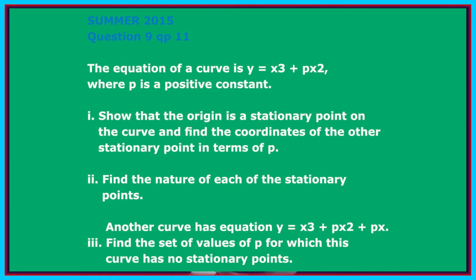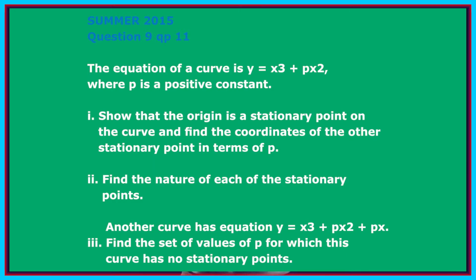So, this is QP11, the first variant of our question paper, and question 9. Question 9 says, the equation of a curve is y equals x cubed plus px squared, where p is a positive constant.